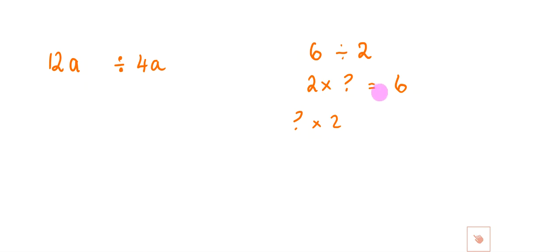That would then be 3. So what I'm saying here is, what times 4a gives me the 12a? Just 3, because if you do 3a, you get 12a squared. Exactly, yeah. So we've got to be careful there. So it's just 3 lots of 4a. So 12a divided by 4a is 3.